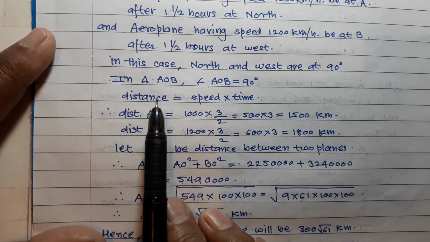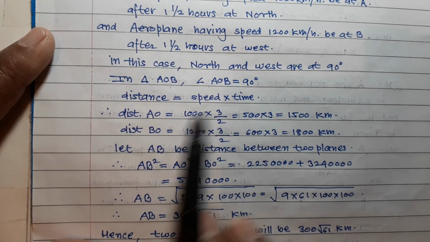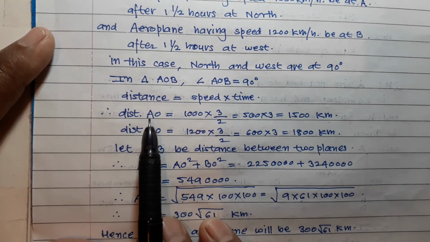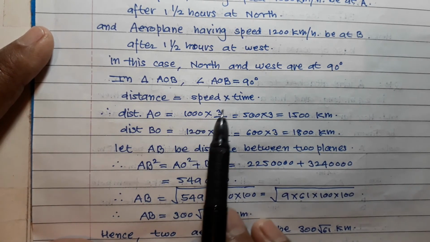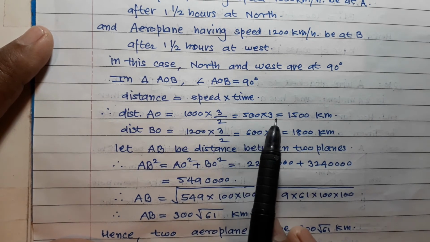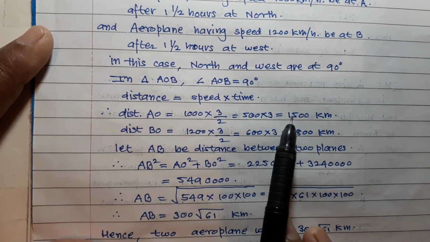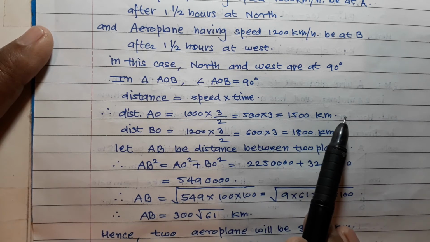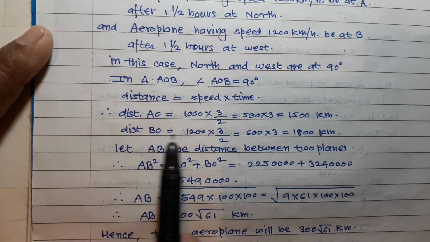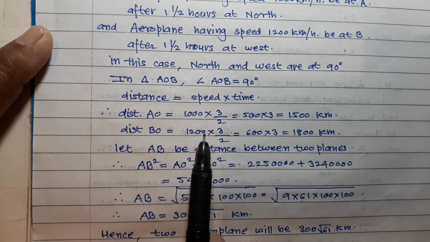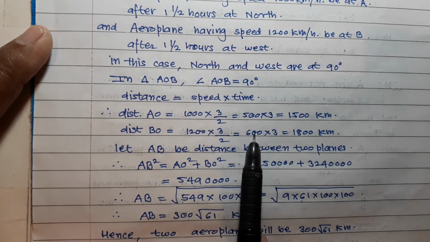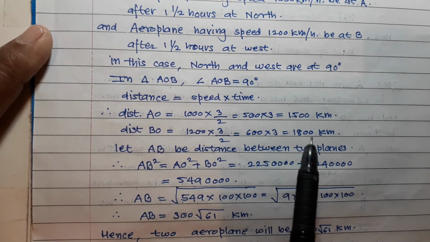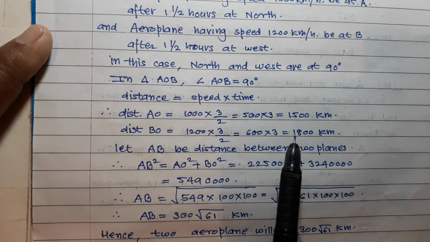Now you know distance is equal to speed into time, and therefore distance AO is equal to 1000 into 3 upon 2 gives you 1500 kilometers. Distance BO is equal to 1200 into 3 upon 2 gives you 600 into 3 is equal to 1800 kilometer.